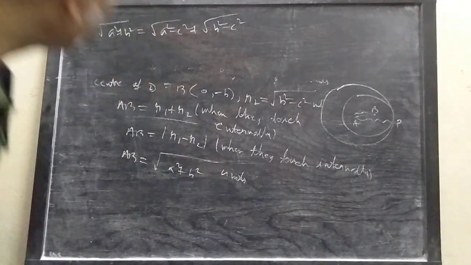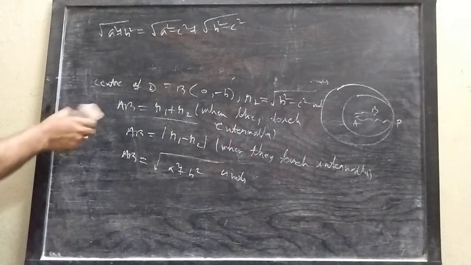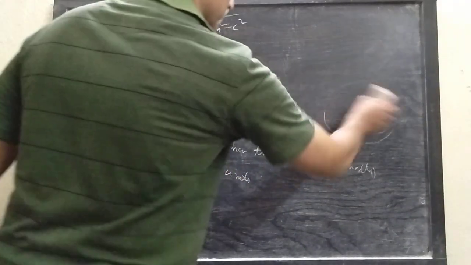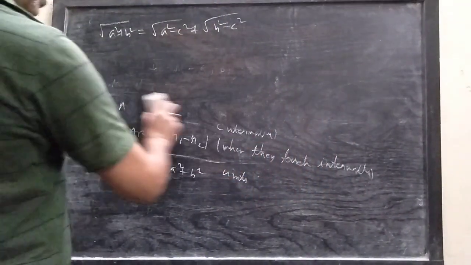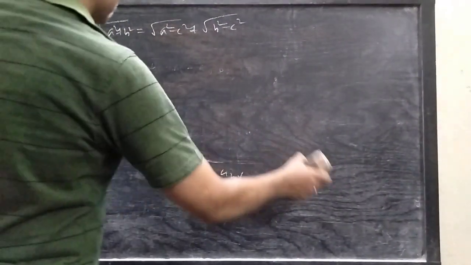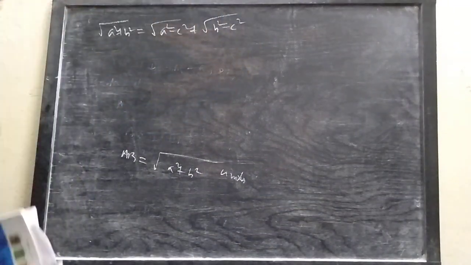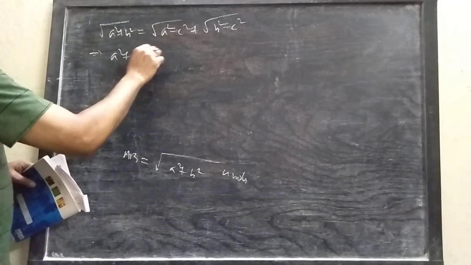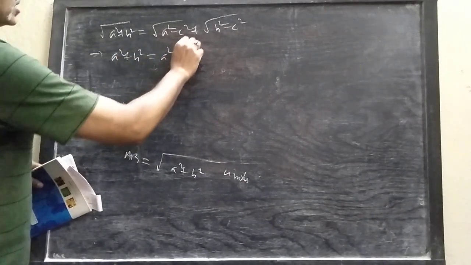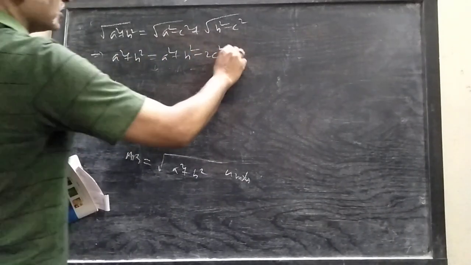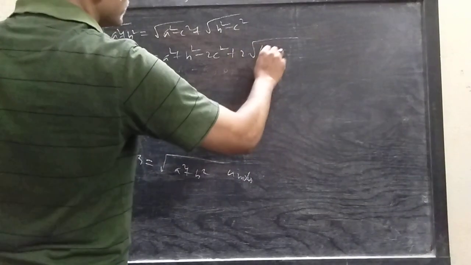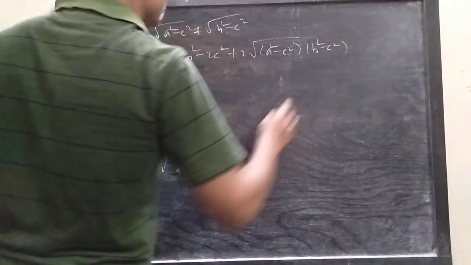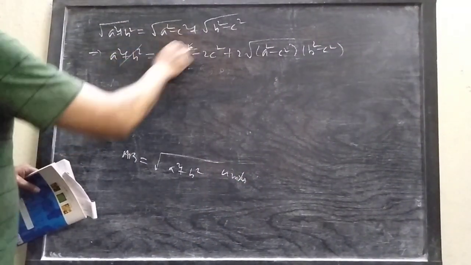So, let us simplify this. Squaring both sides, we get a square plus b square equals a square plus b square minus 2c square plus 2 root over of a square minus c square into b square minus c square. a square plus b square cancelled.